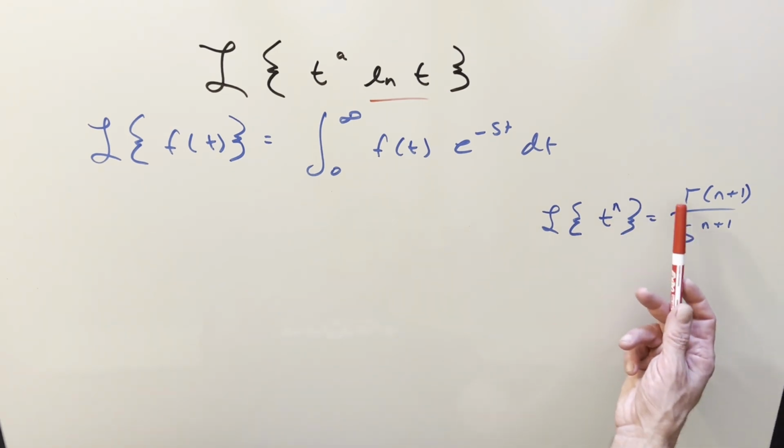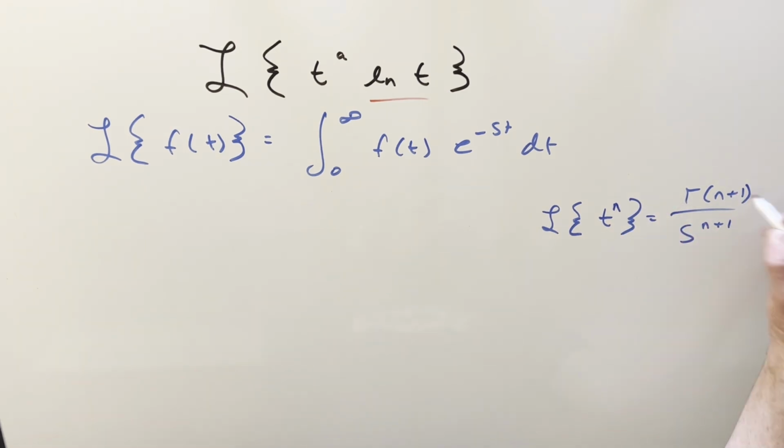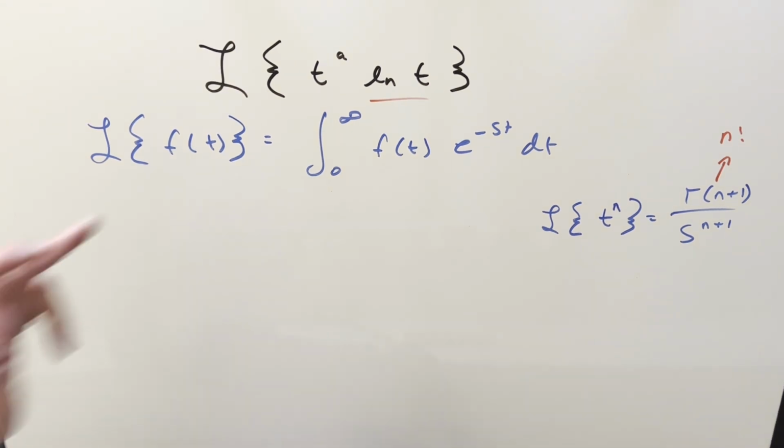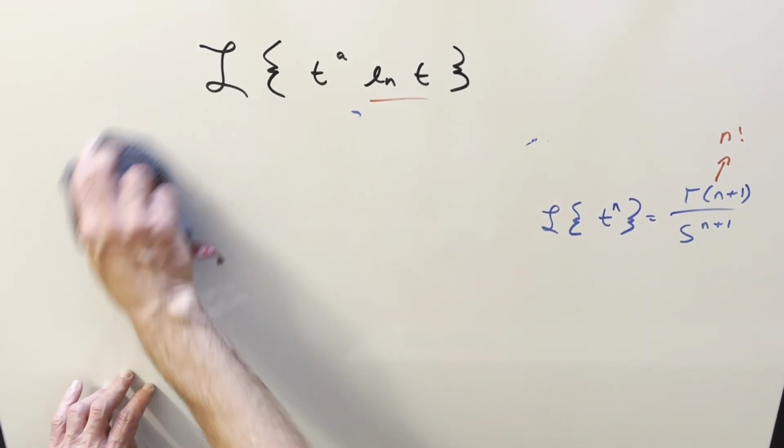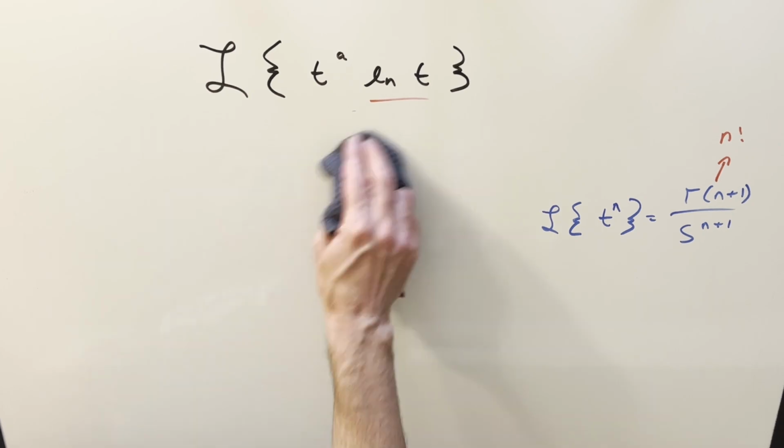We can express this using the gamma function. Also, if n is an integer, gamma of n plus 1 can be written as n factorial. One thing I won't use is the formula we found in the other video for the Laplace transform of ln(t). We'll start over from scratch and derive all that again, but you can find that one in the playlist as well.